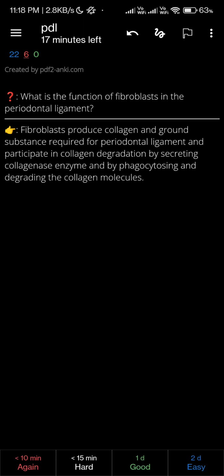What is the function of fibroblasts in the periodontal ligament? Maintenance and formation of the extracellular matrix, collagen, phagocytosis, and degrading the collagen molecules. What are fibroblasts?